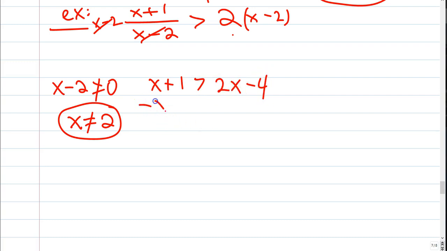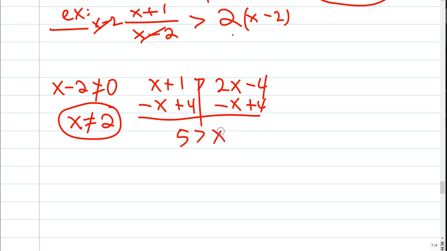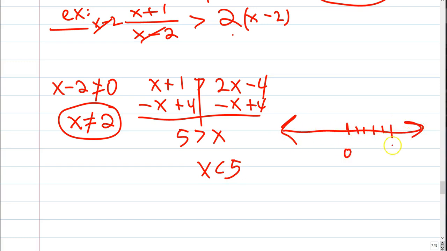Solving this, isolate the x, add the 4, so that 5 is greater than x, or x is less than 5. Less than 5. 1, 2, 3, 4, 5. Less than is to the left. Not equal to, we put a parenthesis.